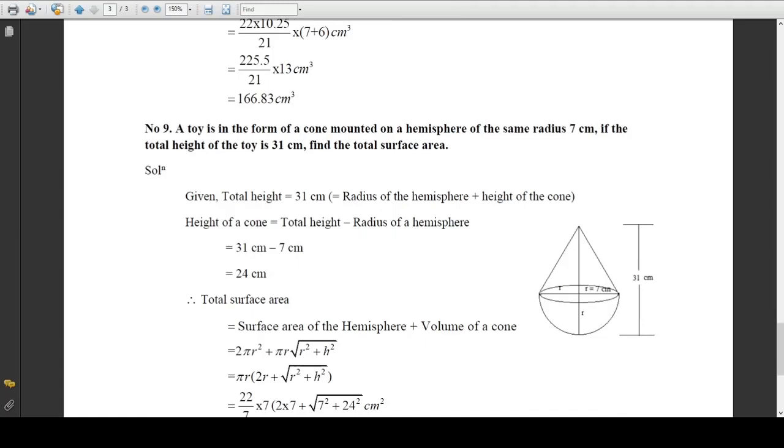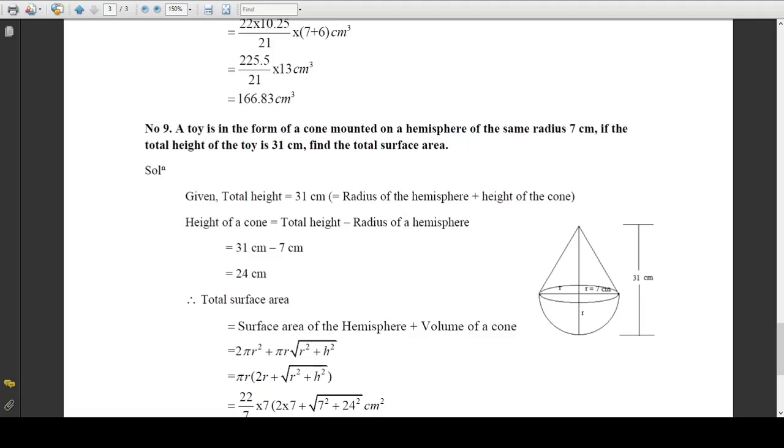Okay, now surface area of hemisphere is half of a sphere. We are not considering 3 pi r square, though actually the surface area of a solid hemisphere is 3 pi r square, isn't it?